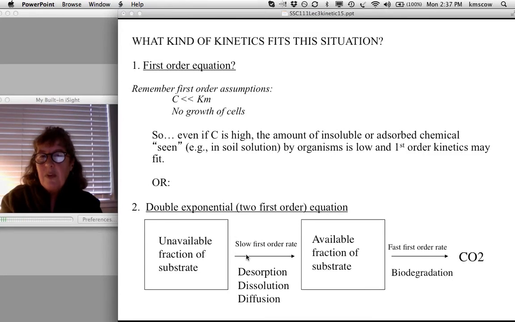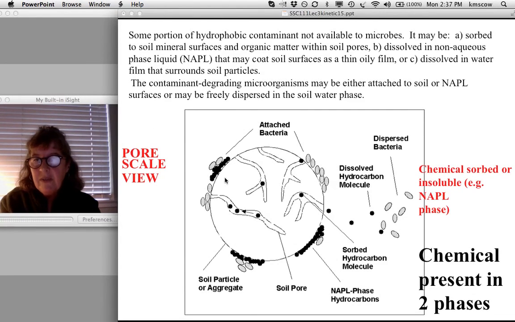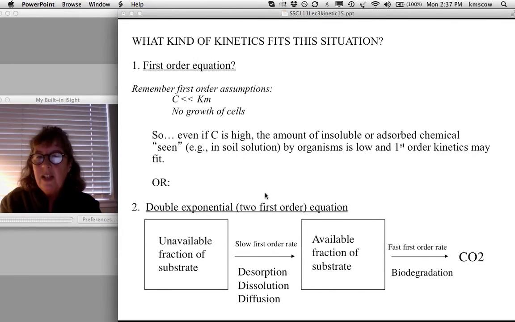So, for example, when that hydrocarbon enters the soil, it's going to undergo these physical and chemical processes that are going to make it sorb to the particles, remember, like in this picture here, or maybe move into small pores through diffusion. And so a large portion of that hydrocarbon is actually going to be present in an unavailable fraction. And then there is this available fraction that will be used really fast by this high first order rate.